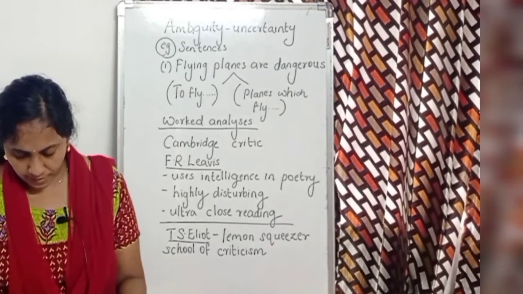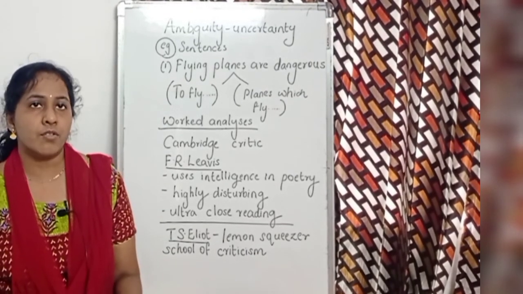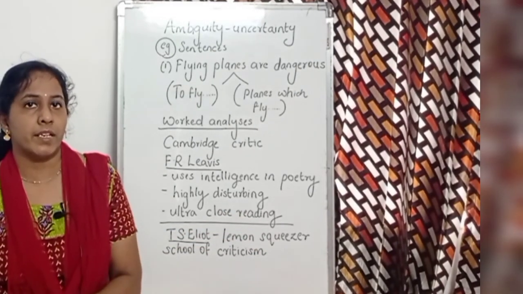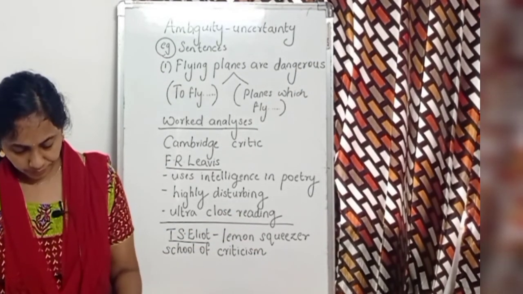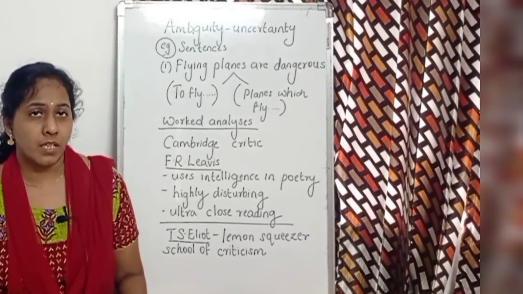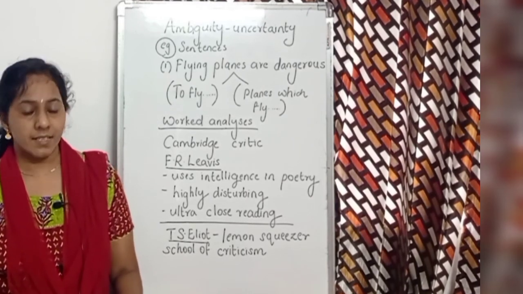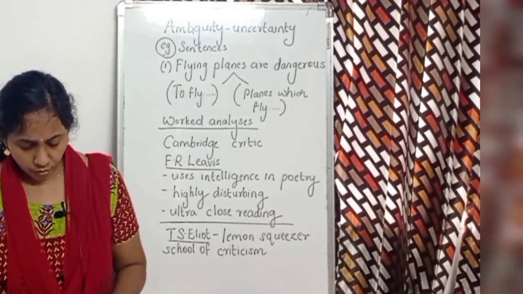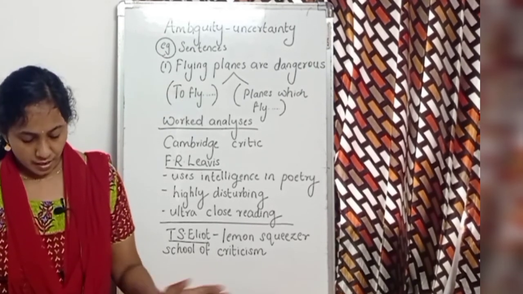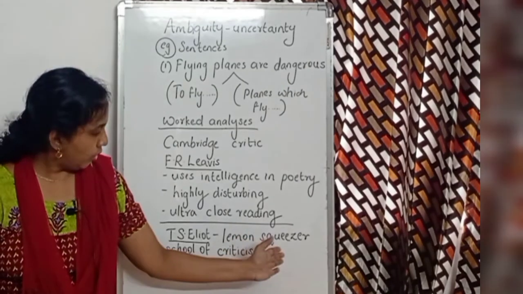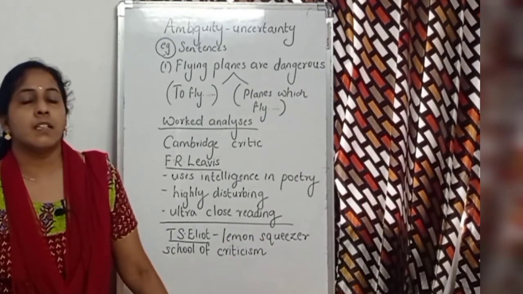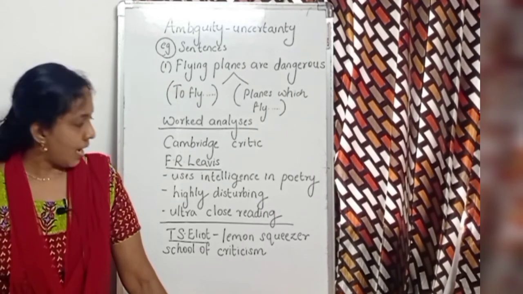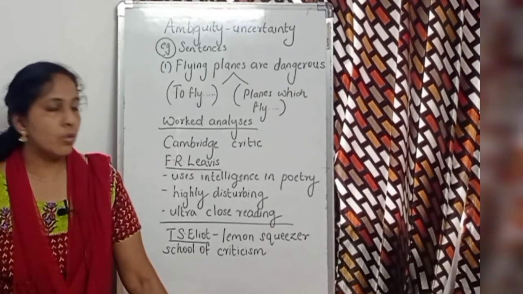Not everybody liked this ultra close form of reading, that is close reading or focus reading. The modern poet T.S. Eliot of Wasteland fame, he wrote the poem Wasteland, called this the Lemon Squeezer School of Criticism.